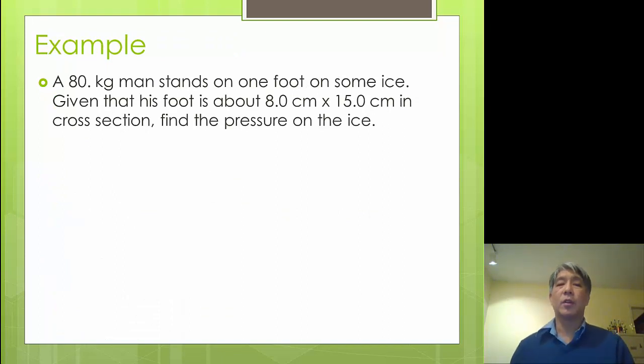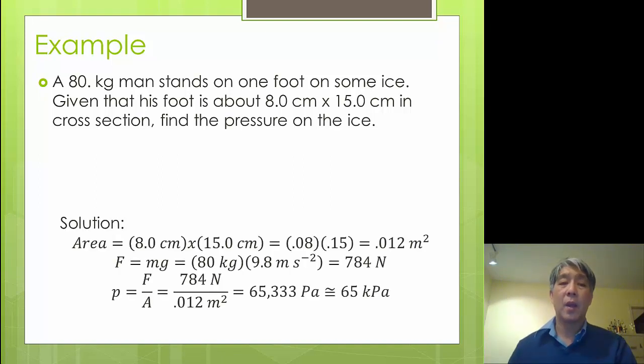So calculating pressure. Here's an example. I have an 80 kilogram man standing on one foot on some ice. Given that his foot is about 8 centimeters by 15 centimeters in cross section, find the pressure on the ice. Well, the force is basically his weight. So mass times gravity, or 80 times 9.8, gives me 784 newtons.